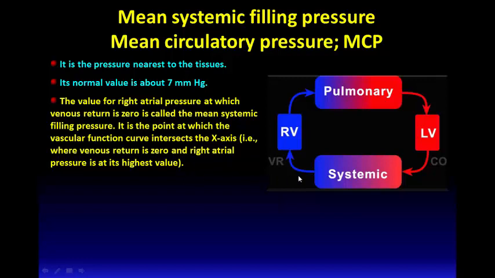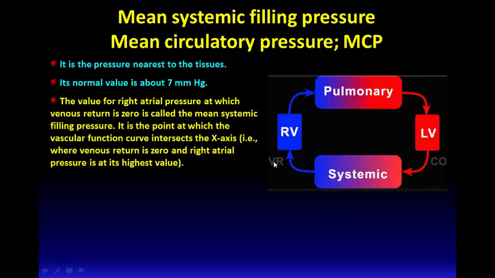Since venous return is driven by the pressure gradient between the mean systemic filling pressure and the right atrial pressure, as the right atrial pressure increases, this pressure gradient decreases, and hence the venous return decreases.